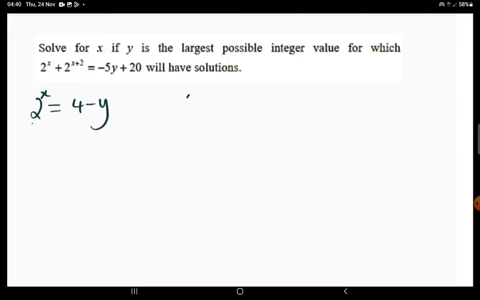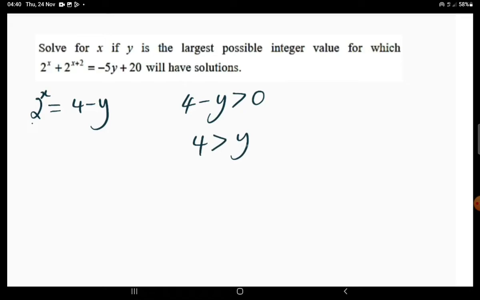So on that note, you just have 4 minus y, that will force it to be greater than 0 for this to have a solution. So you can just solve the value of y, and taking this y to the other side, you will then have 4 greater than just y.